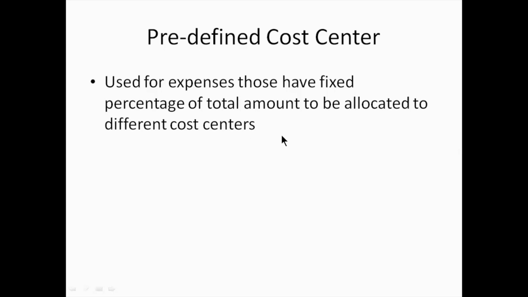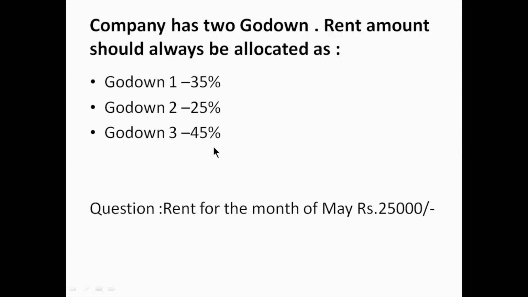different cost centers. Example, see, company has godowns, different godowns, and rent amount should always be allocated in this way. As we have three godowns, out of total rent, the godown 1 should be 35%.